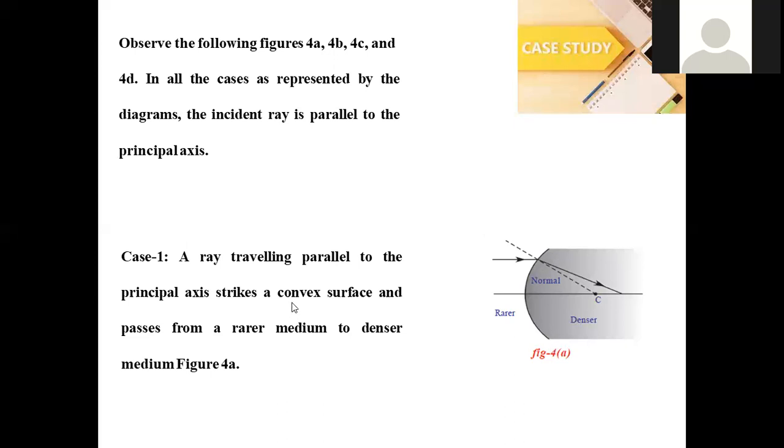Here the mirror is said to be a convex mirror because it is bulging outside, a convex surface, and the ray passes from the rarer medium to the denser medium. So the outer region is air, called the rarer medium, the inner one is water, called the denser medium, and it is working like a convex mirror where light is traveling in this direction. This is said to be condition 1.